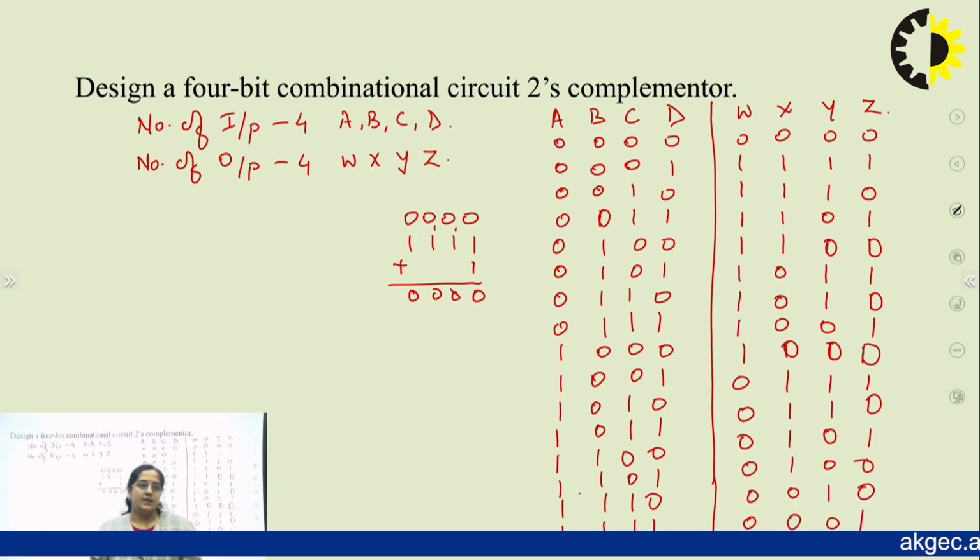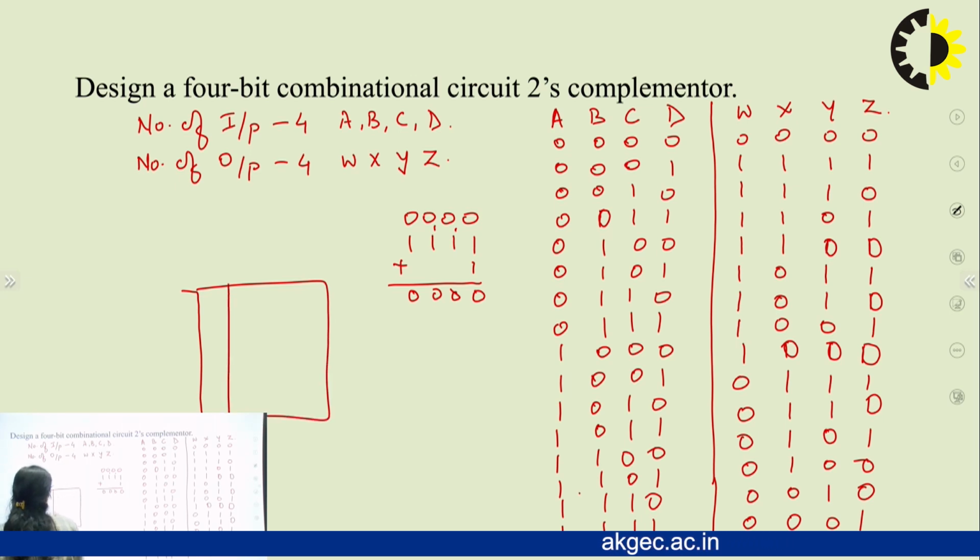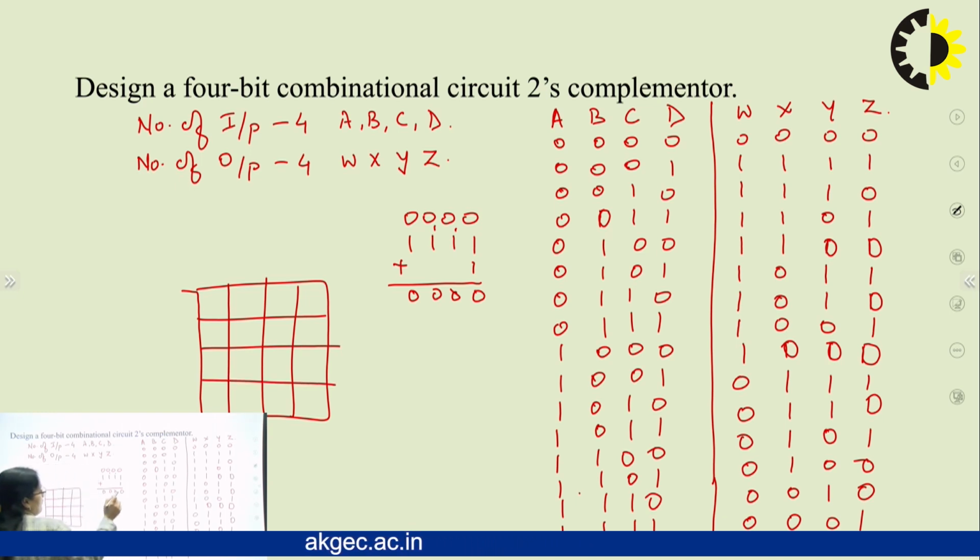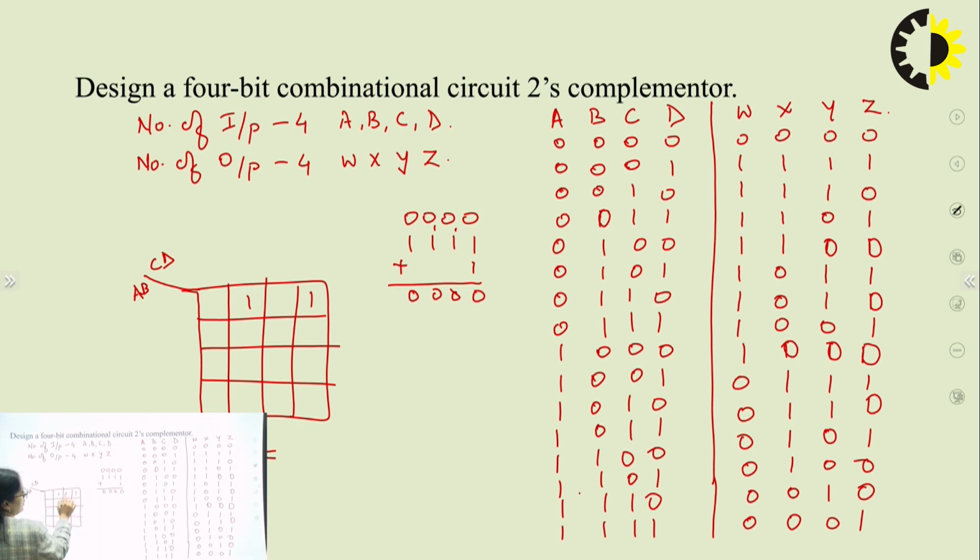Now, when we find this, we have to solve the K-map for each of the combinations. For 16 combinations, we have to solve the K-map in terms of A, B, C, D. For example, if we have to solve for W, we find that it is 1 for cells 1, 2, 3, 4, 5, 6, 7, 8.